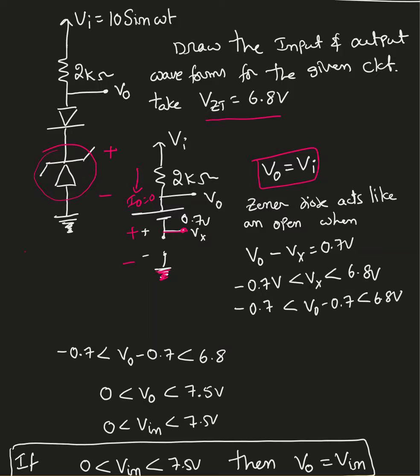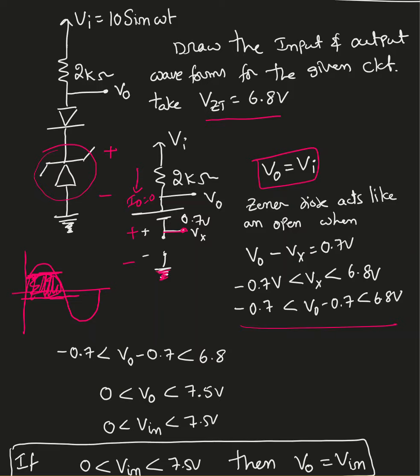If you take this sinusoidal input, which varies from plus 10 volts to minus 10 volts, for the positive half cycle, up to 6.8 volts, it's going to act like open. And when it reaches negative 0.7, it's going to open. So during this period, it acts like an open switch.